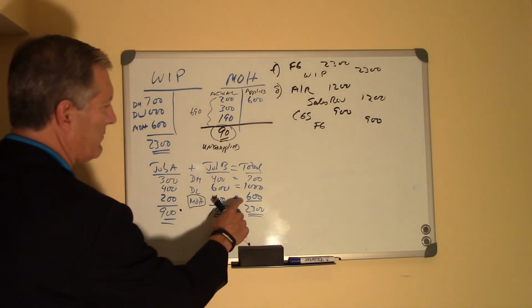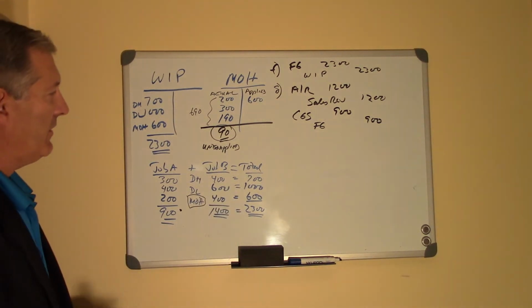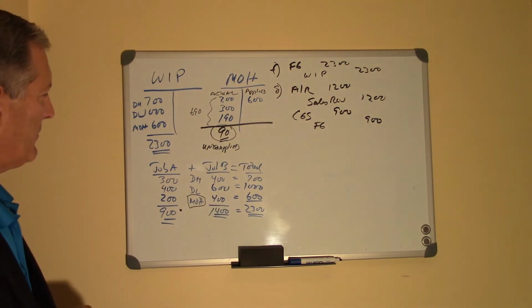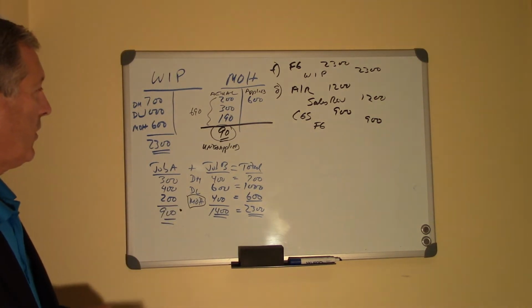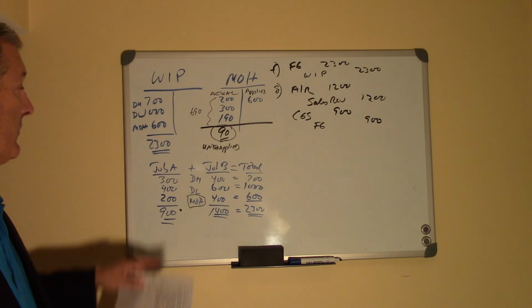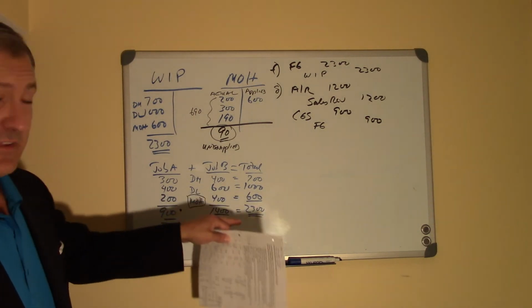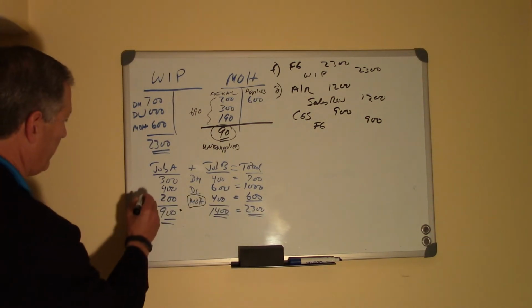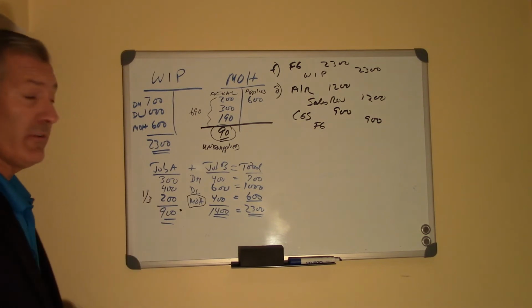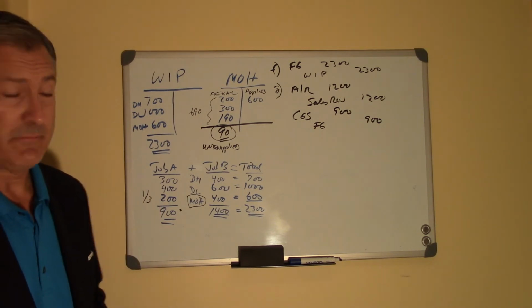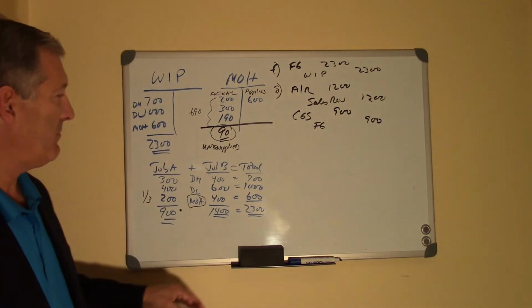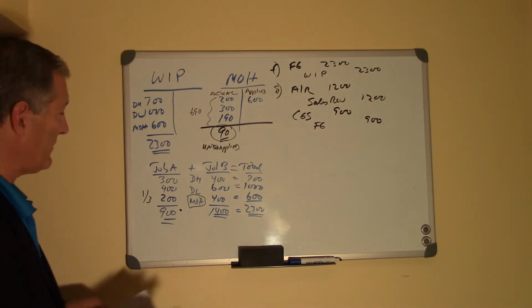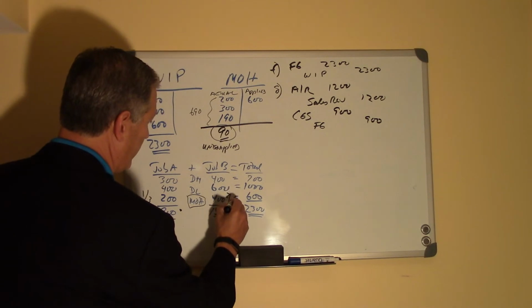We had $600 of total manufacturing overhead that was applied. 200 of it went to job A, 400 of it went to job B. 200 of 600 went to job A. That's 1/3, right? 200 divided by 600. We had 400 of 600 that went to job B. 4 divided by 6 is 2/3.